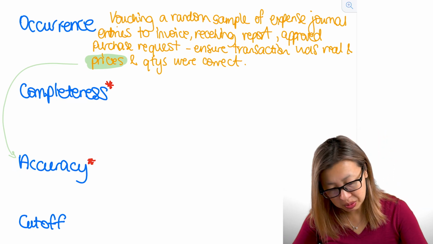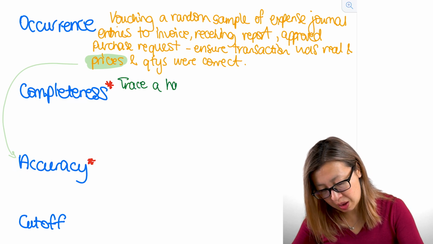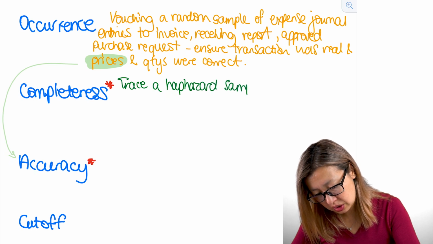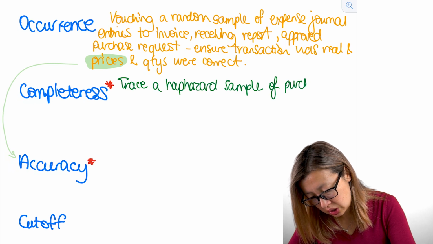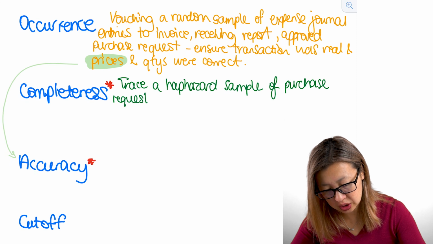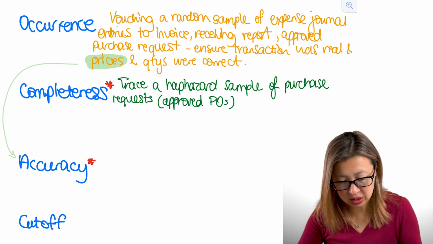So we know there for completeness, we want to trace a, and I'm using haphazard sample of purchase requests. Now, you could also potentially say here approved purchase orders. Depends on the process in your company, really, that you're looking at.